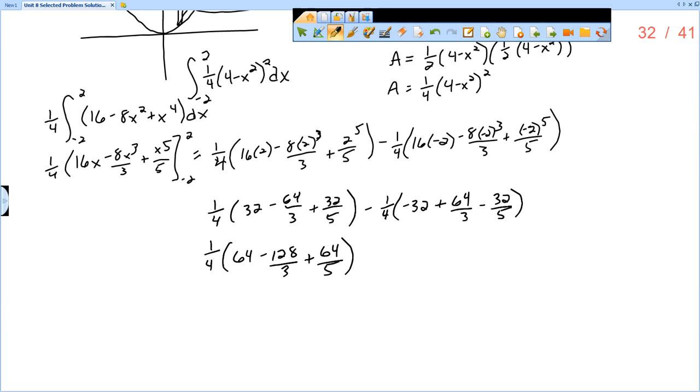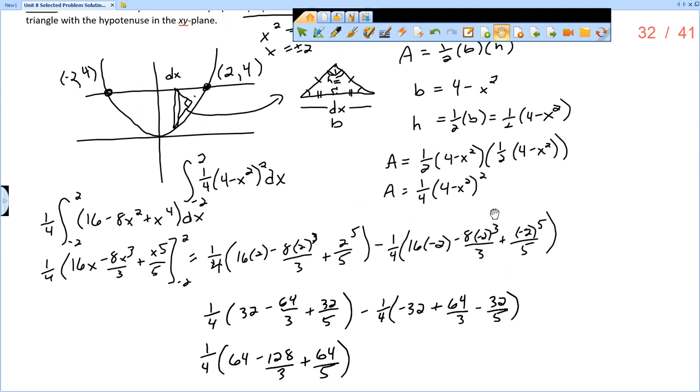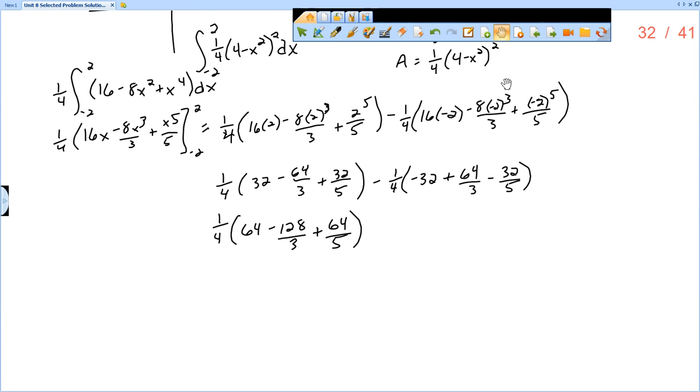So now I just need to work on this. I'm going to leave the 1/4 on the outside.